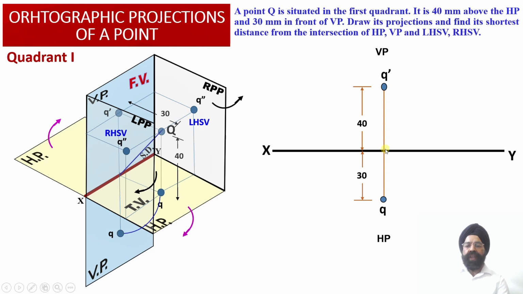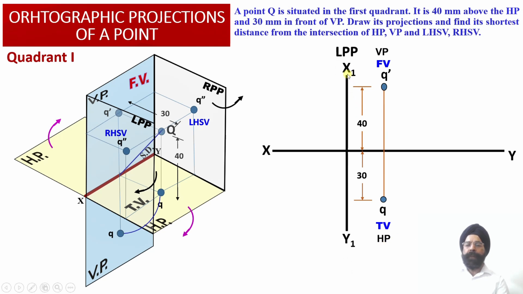So 30 millimeter below the XY reference line, we have obtained the top view orthographic projection of this point in the horizontal plane. Here Q dash represents the front view orthographic projection of the point Q on the vertical plane, and point Q represents the top view orthographic projection of the point Q obtained onto the horizontal plane.